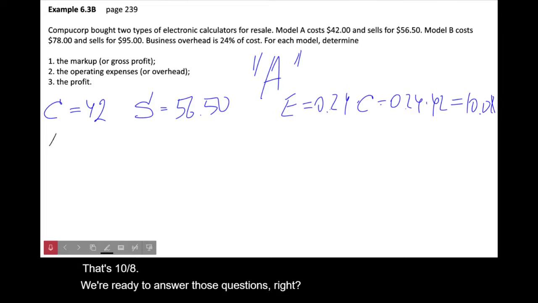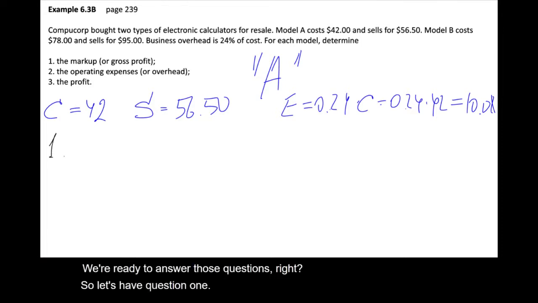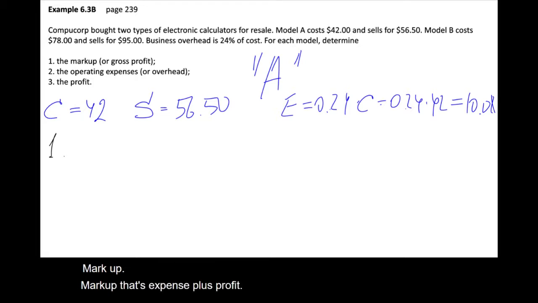So let's have question 1. Markup. Markup is expense plus profit. Since we don't have profit here, it has to be calculated.